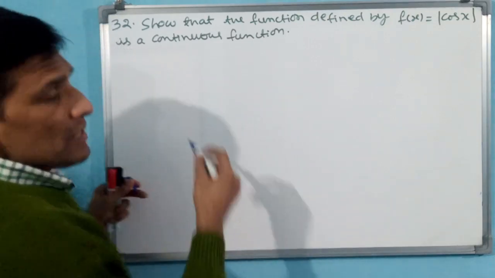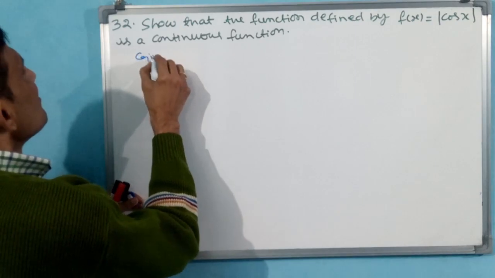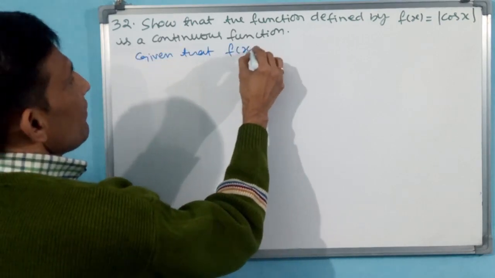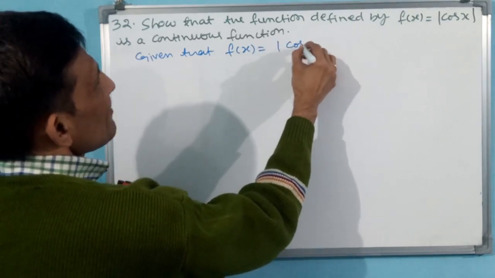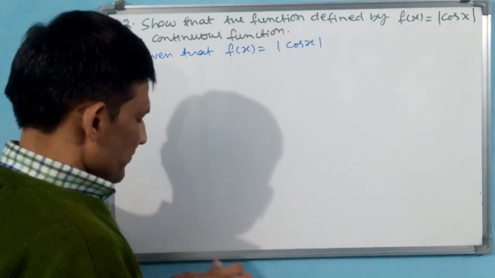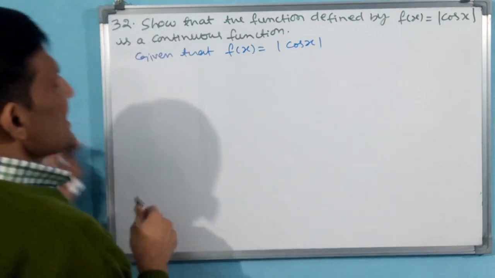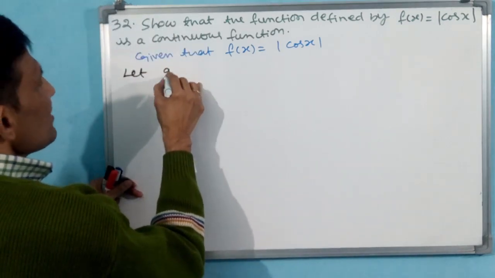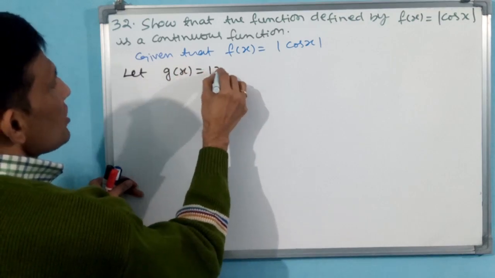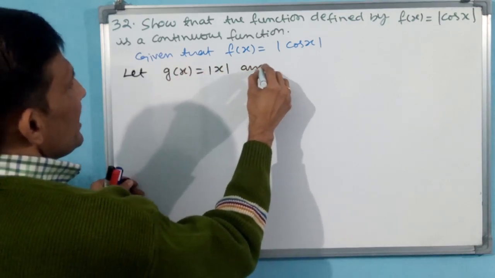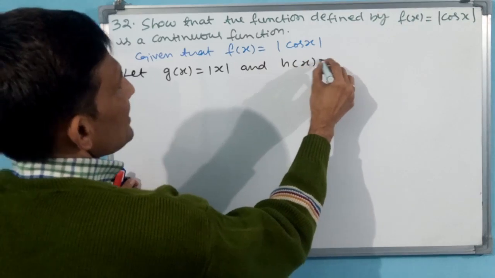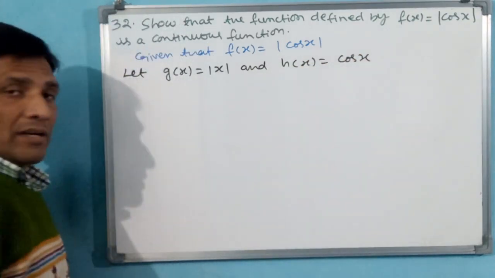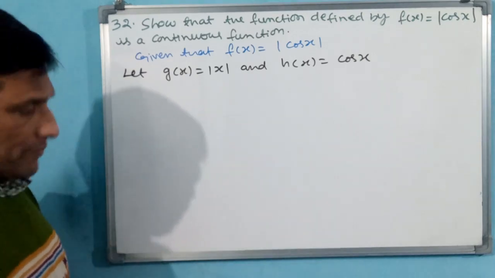Given that f of x is equal to modulus of cos x. Now you write: let g of x is equal to modulus x and h of x is equal to cos x.